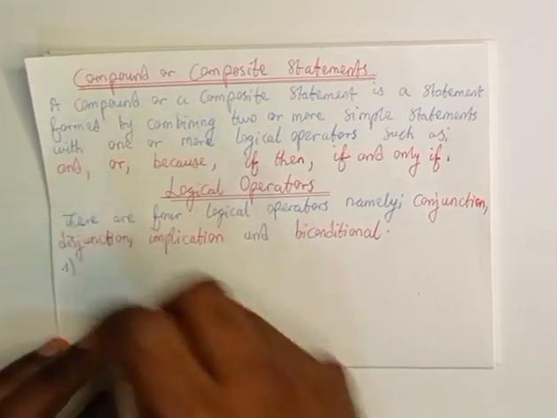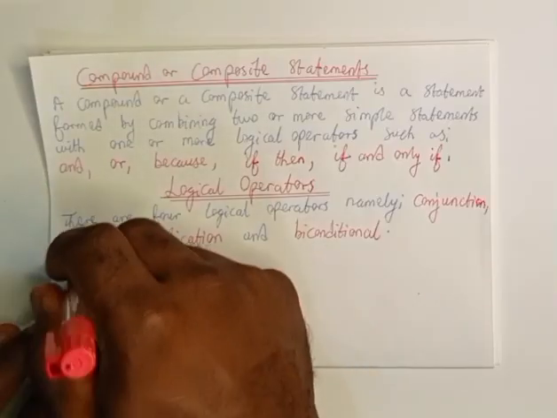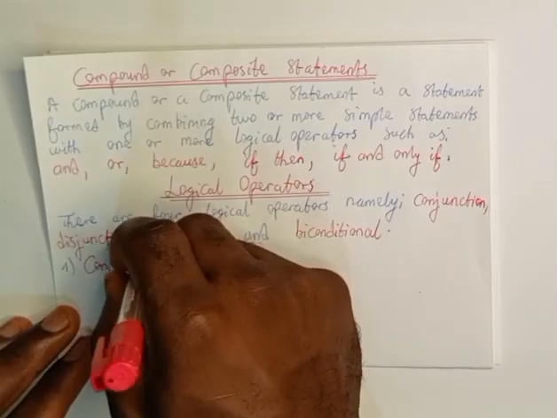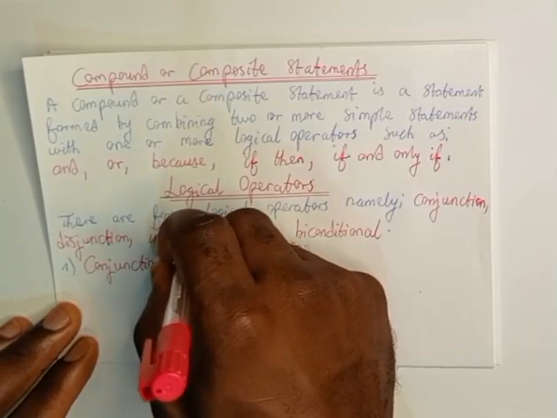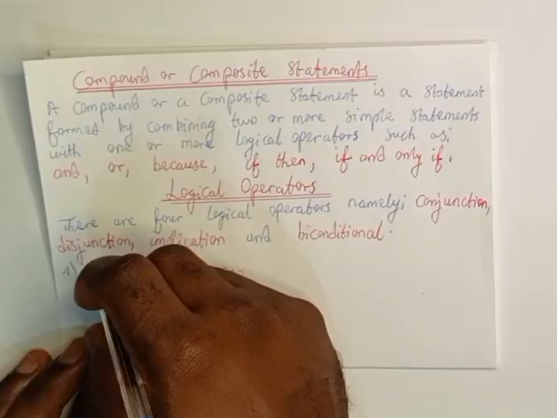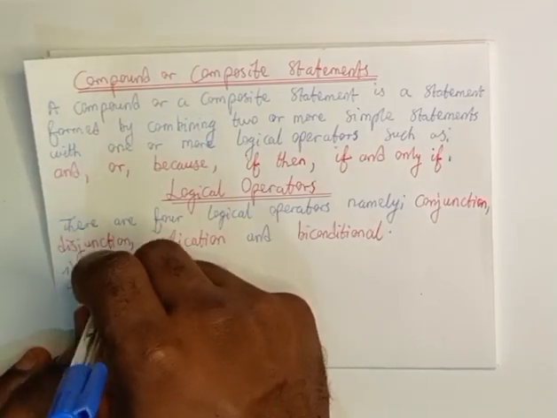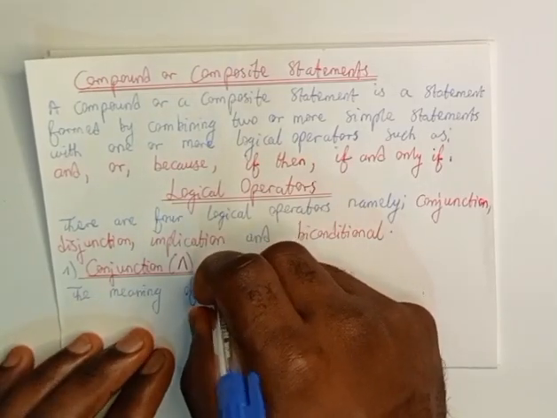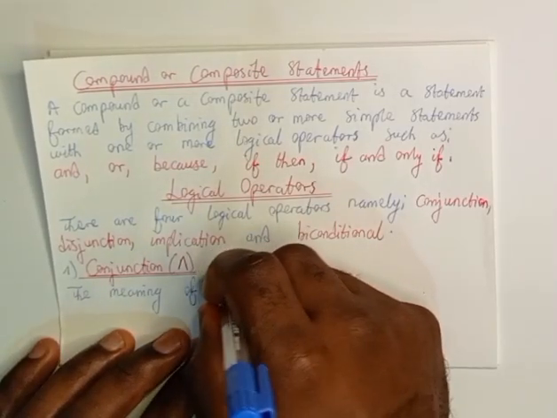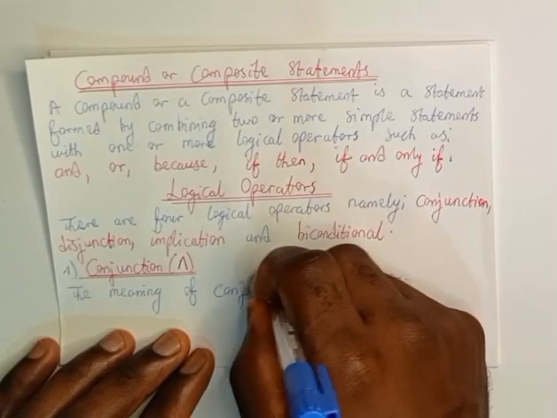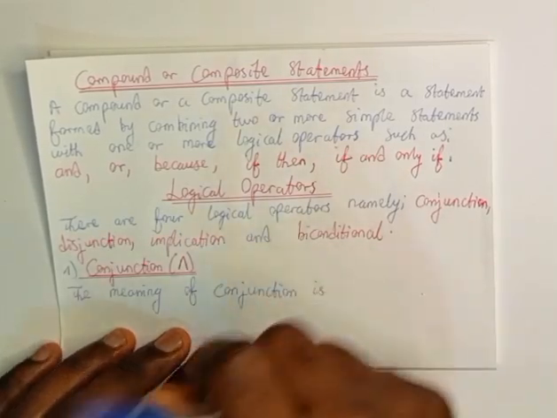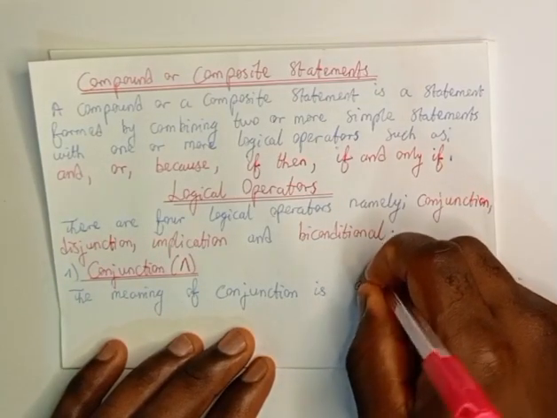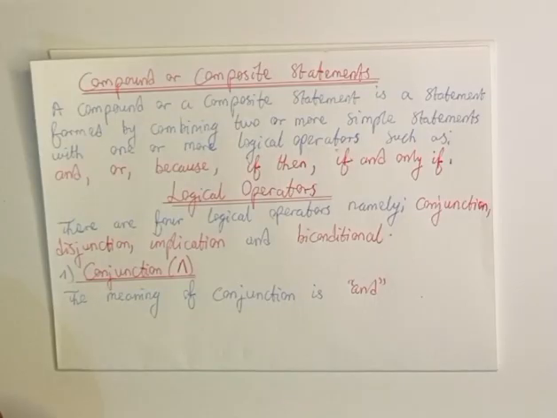We take the first one, which is conjunction, which is denoted as such. The meaning of conjunction is and. That's the meaning of a conjunction.